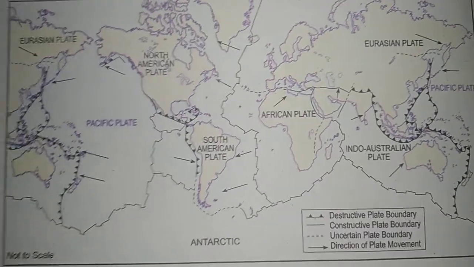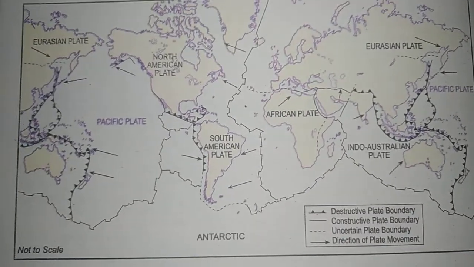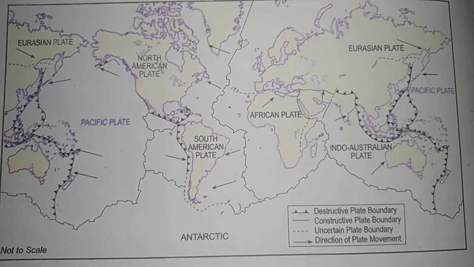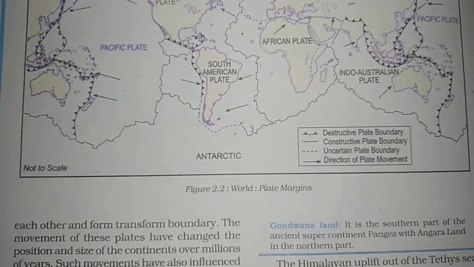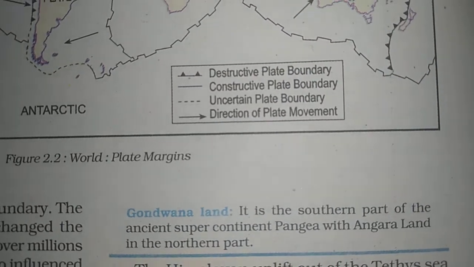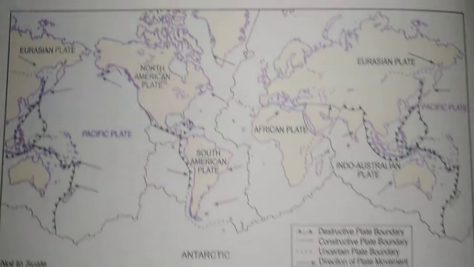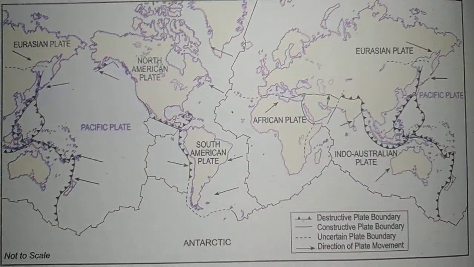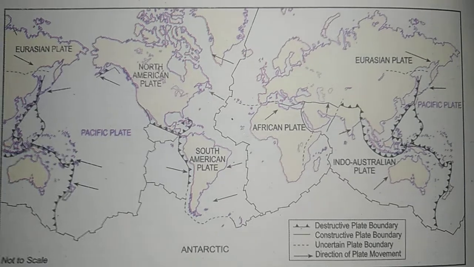The earth's crust was divided into a number of pieces by convectional currents. The Indo-Australian plate separated from Gondwana land and drifted towards the north, which resulted in the collision of the plate with the much larger Eurasian plate.